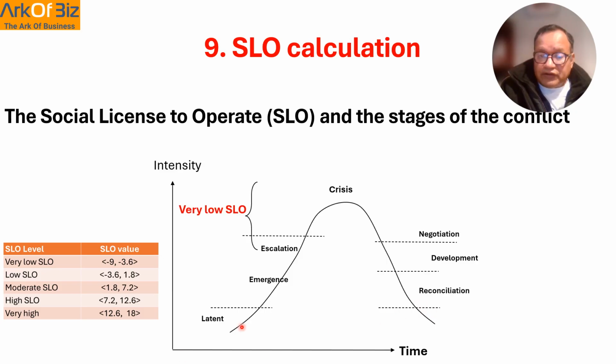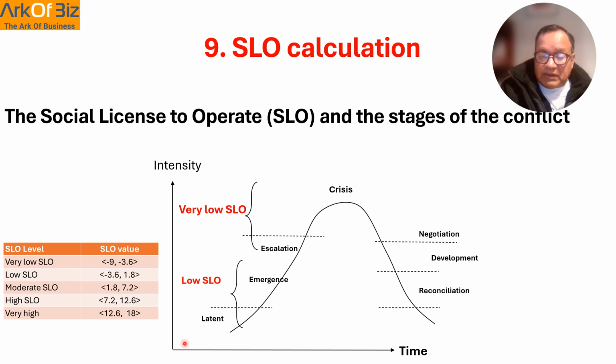So the worst scenario happens when the crisis stage has a very, very low SLO, right? But they start with a low level of SLO during this stage.